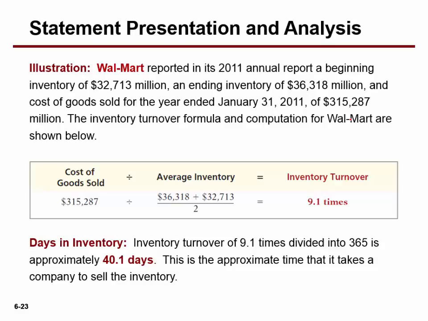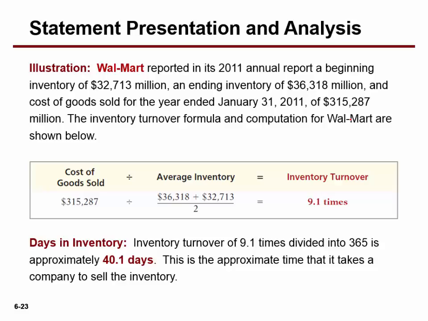So our average inventory was 36,318 plus 32,713 divided by 2. Don't worry about the zeros we're dropping here.